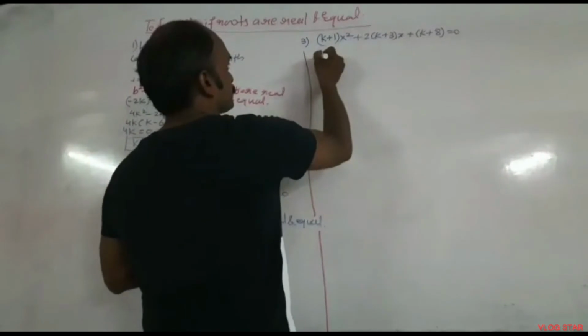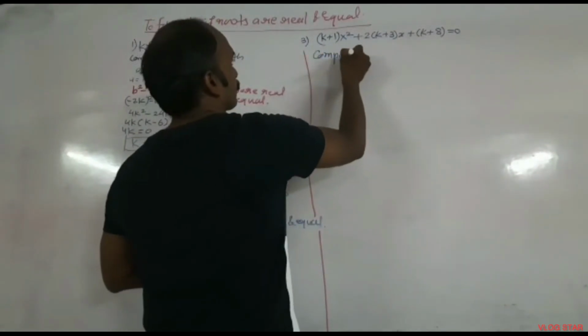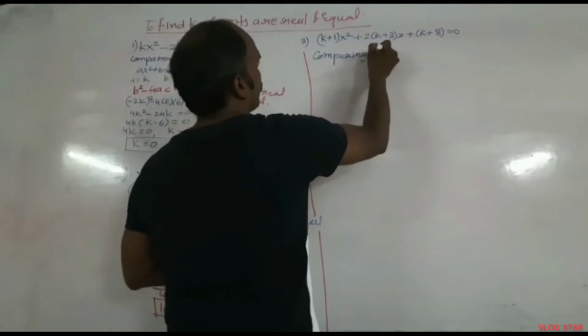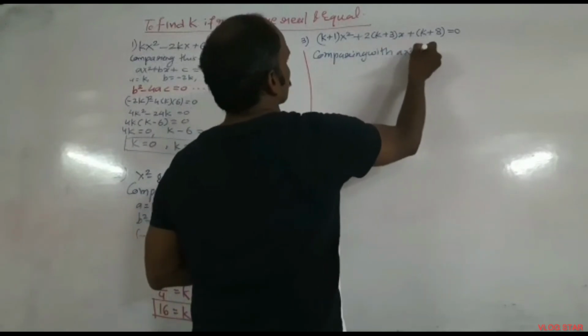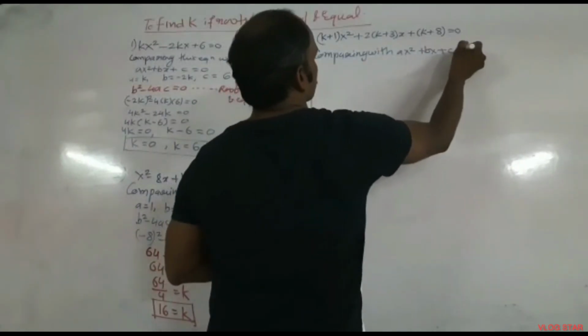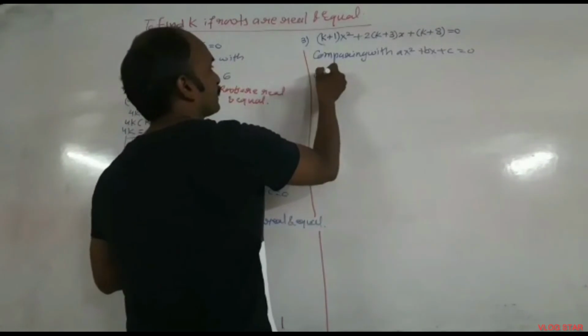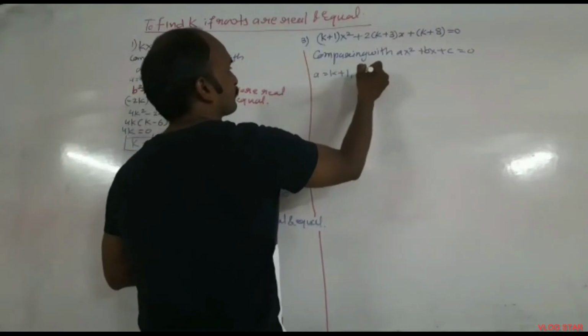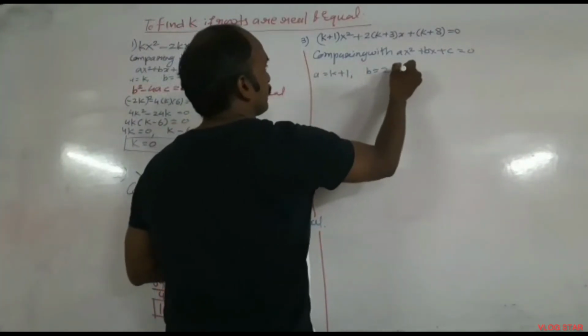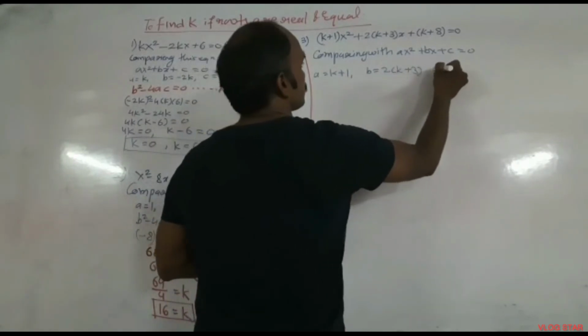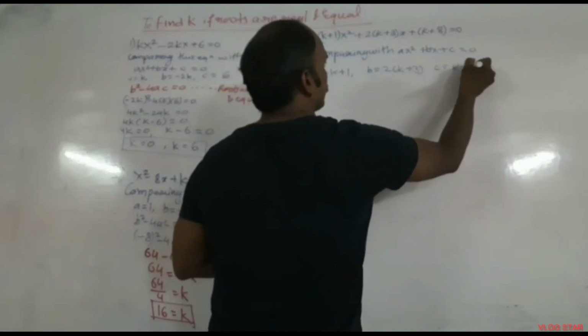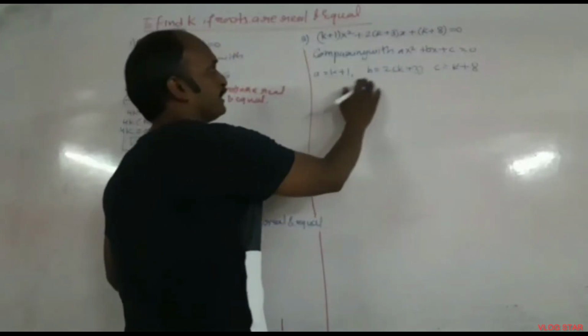So first step, same, comparing with standard form, that is ax square plus bx plus c is equal to 0. You will get a is equal to k plus 1, b is equal to 2k plus 3, and c is equal to k plus 8. So you got value of a, b and c.